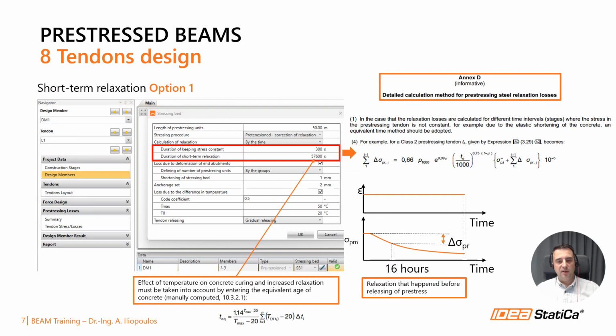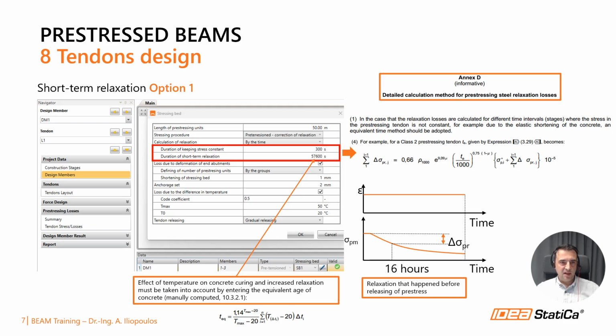This is the relaxation that happened before releasing of pre-stress, and we have two options how to consider this. The first one is so-called by the time, and this is described in Annex D. It is the detailed calculation method.